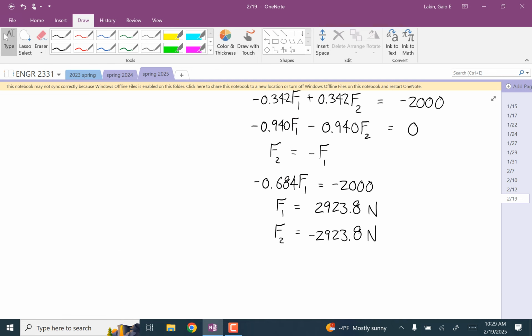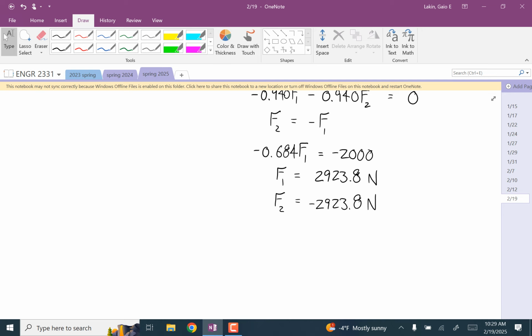And so now let's go through the two. I'm going to start with member 1. The answers are going to be the same for the two members because the absolute values are the same, but you don't have to recognize that.